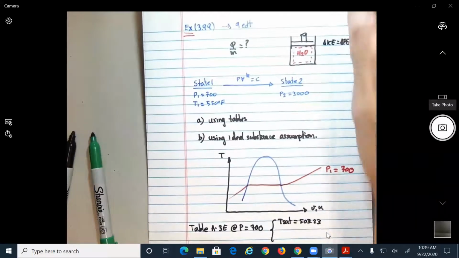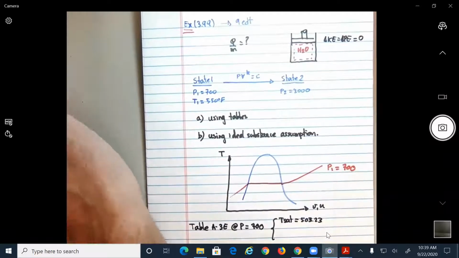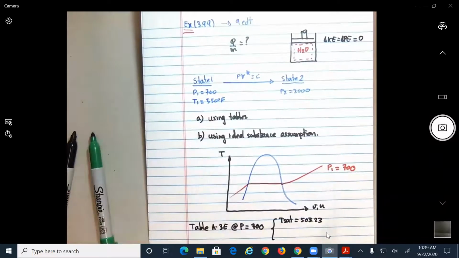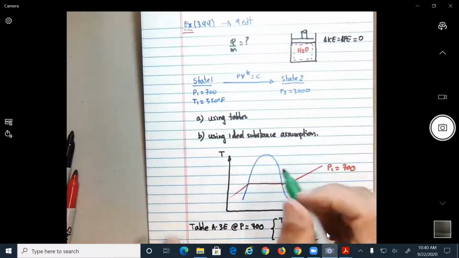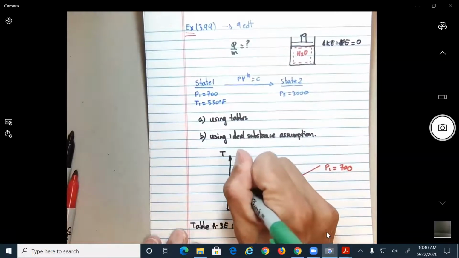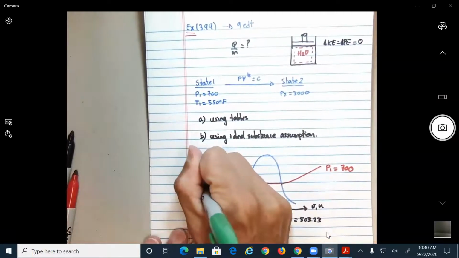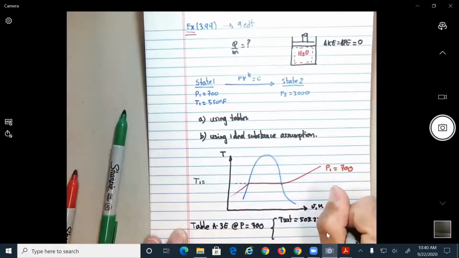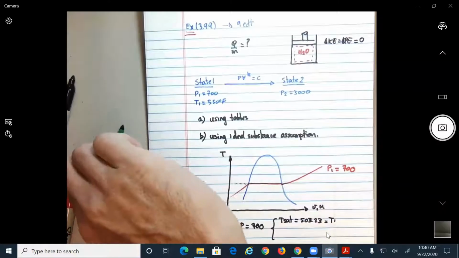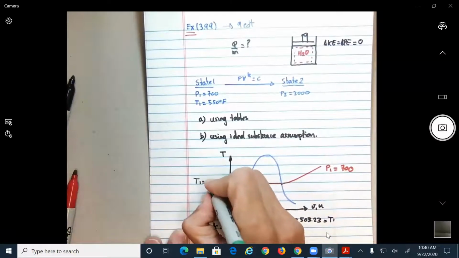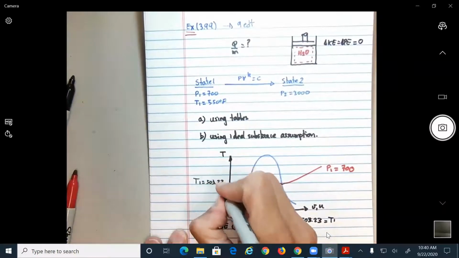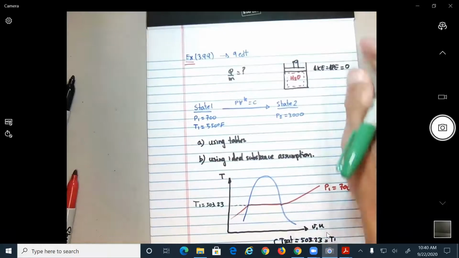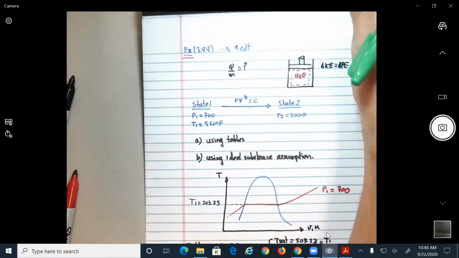All right. But what is the temperature? What is T1? So that means that this temperature here, T saturation, is 503.23. All right.